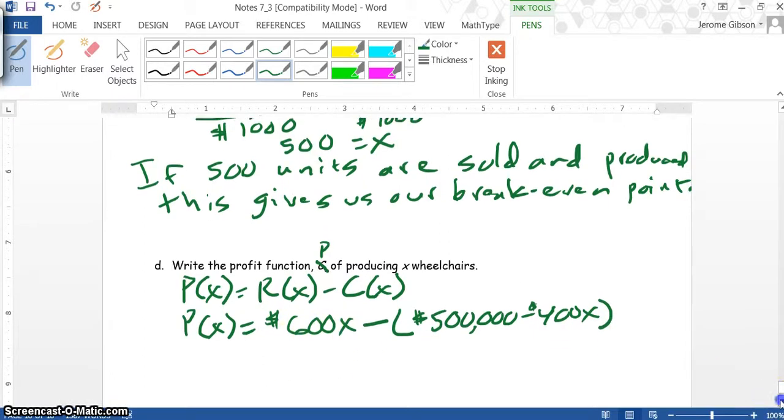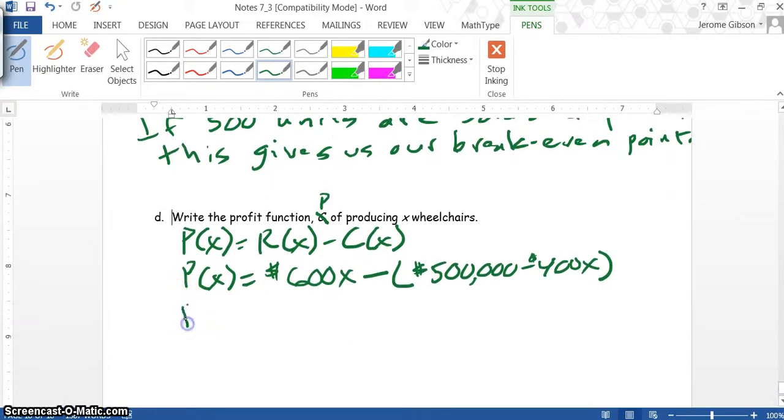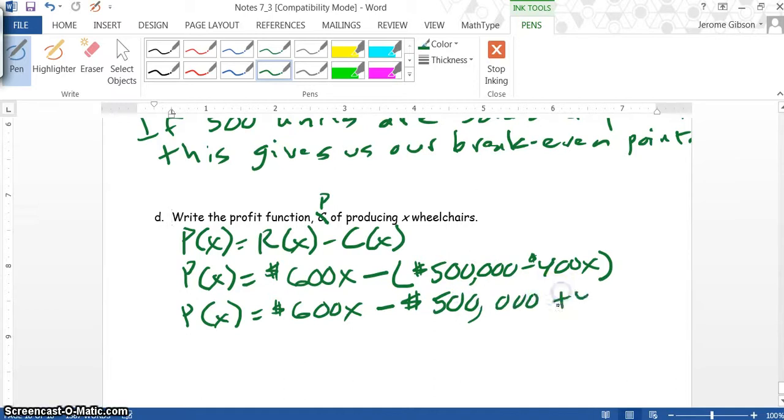Now, we want to simplify this as much as possible. So we have P of x is equal to $600x. We have to change the sign of everything inside of this parenthesis. So we have minus $500,000. Then this will become minus 400x.